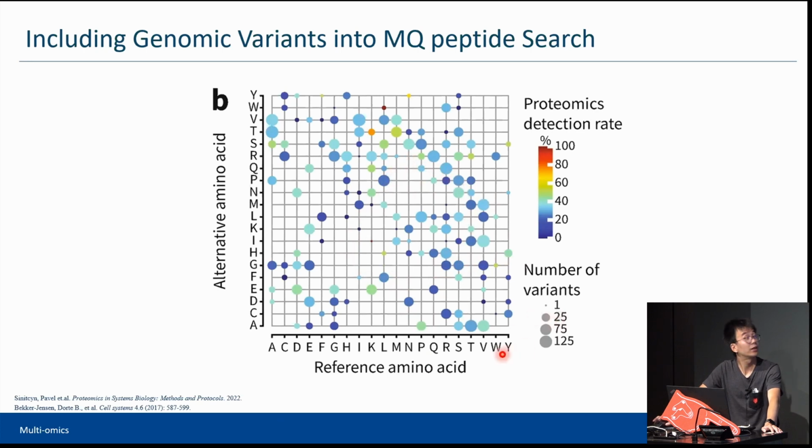You can see that the amino acid changes are not uniformly distributed among all possible changes. You can see different colors and different sizes, and this is probably due to the different frequencies of amino acids and genetic code related restrictions, but possibly also because of the physiochemical nature of the amino acids.